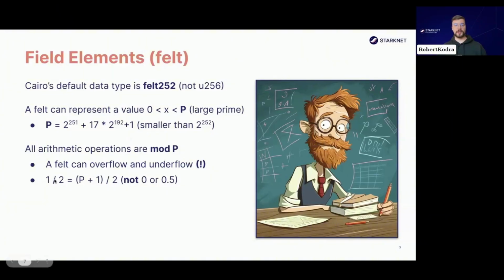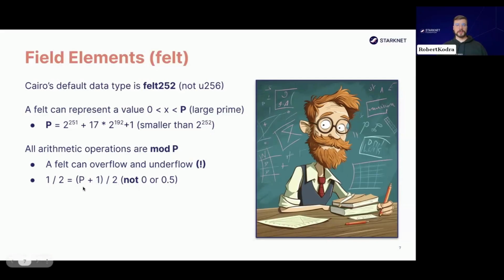We have 1 divided by 2, which are 2 felts, and this will be represented as P, the big prime number, plus 1, divided by 2. And this will not be 0 or 0.5. The reason is that standard integer division on a normal CPU could be satisfiable or unsatisfiable depending on the case. But when you do felt division with the new CPU architecture on Cairo, it will always be satisfiable because it will be represented by this large prime number.